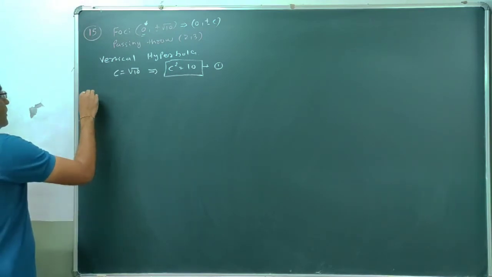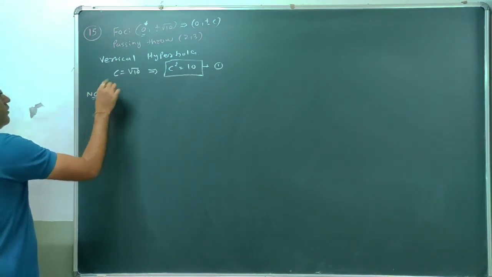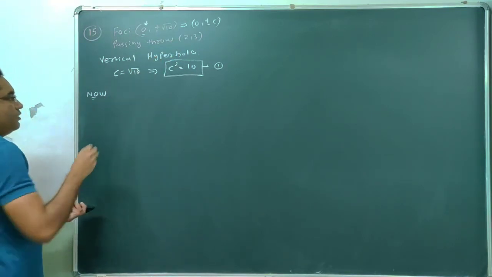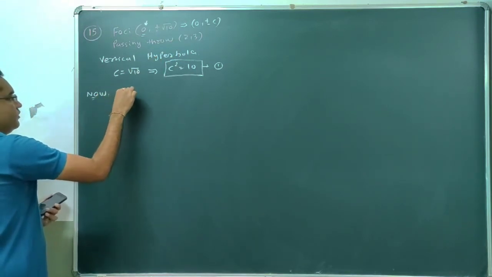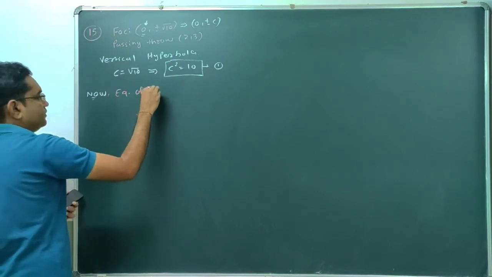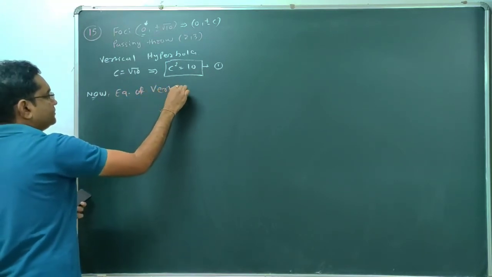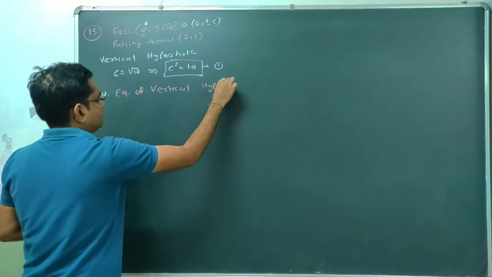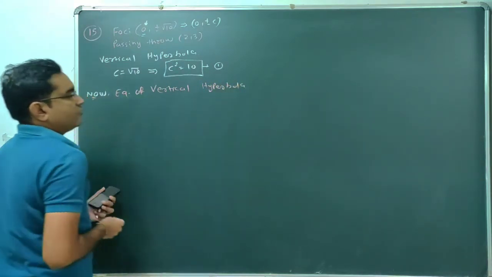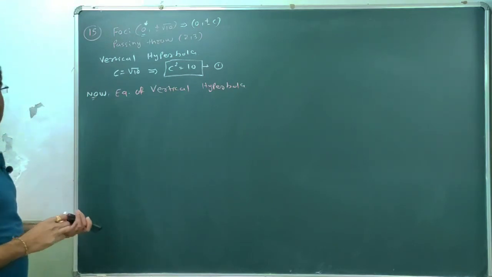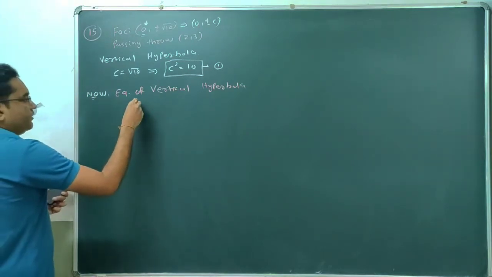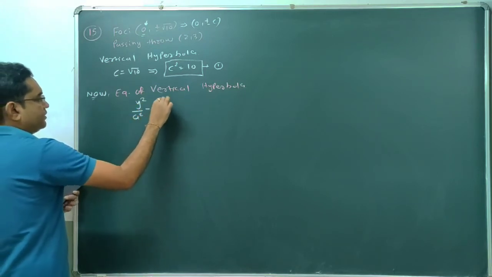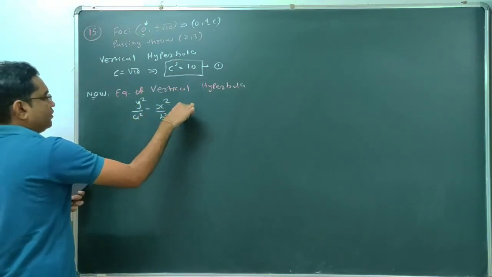Now our hyperbola is a vertical hyperbola. So we can write the equation of a vertical hyperbola. For a vertical hyperbola, the coefficient of y square will be positive. So it will be in the form of y square by a square minus x square by b square equal to 1.